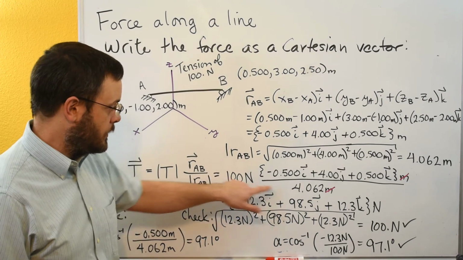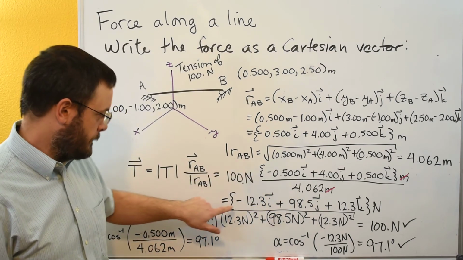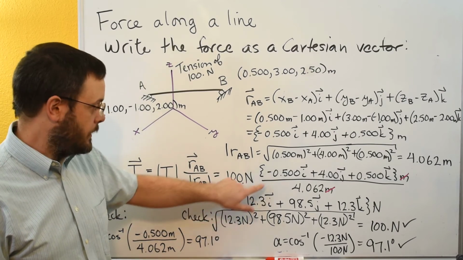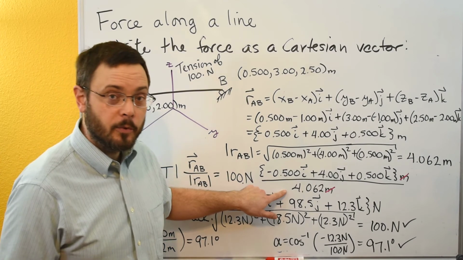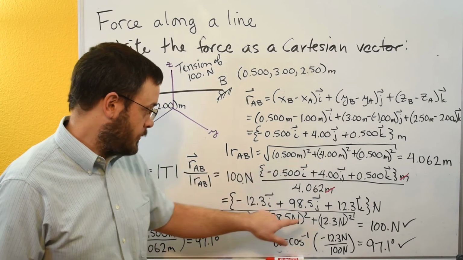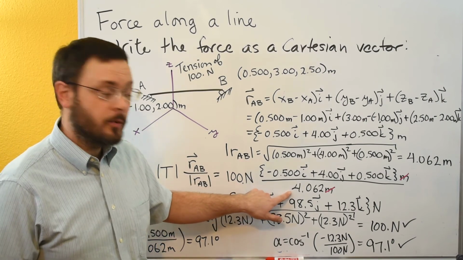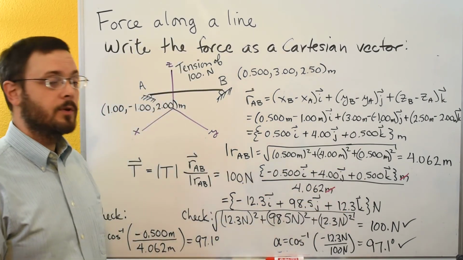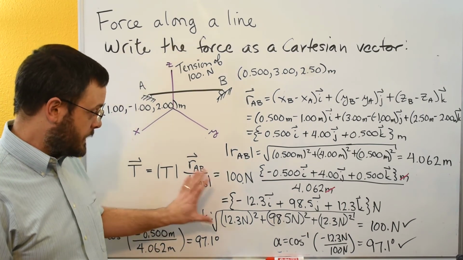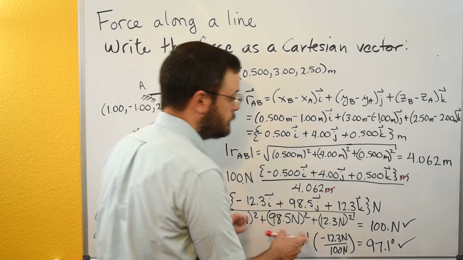So it would be 100 divided by 4.062 times 0.5. That gives you the 12.3, and then carry the minus sign down. You have 100 divided by 4.062 times 4. That gives you the 98.5. 100 divided by 4.062 times the 0.5, and that gives you the 12.3 newtons. And so we're done. This is our final answer here.